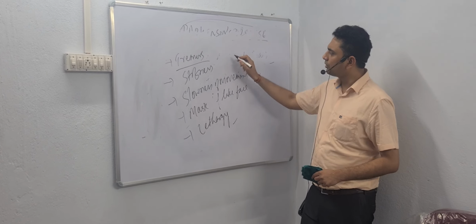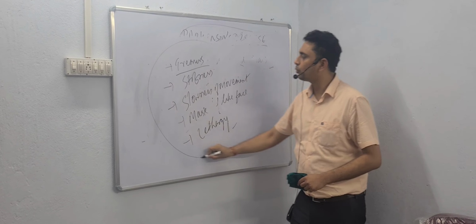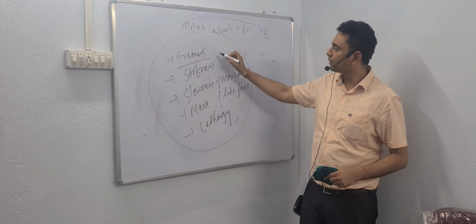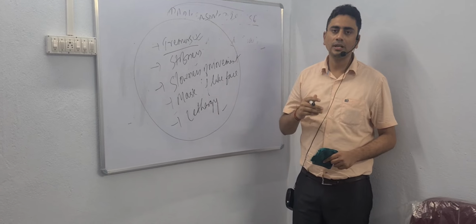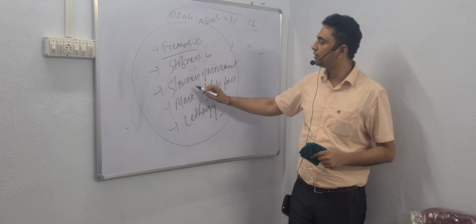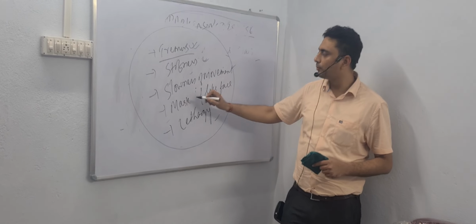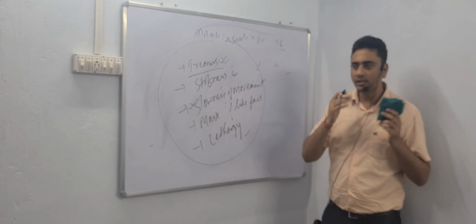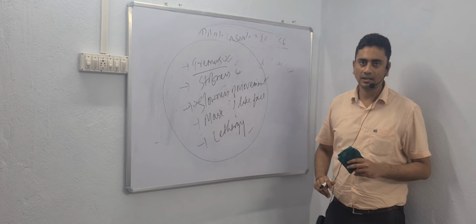All these signs and symptoms are due to what? Decreased level of dopamine in the brain. So there could be tremor, that is shaking of limbs, stiffness, and decreased or slowness of movement. There could be mask-like face appearance, and there could be lethargy.